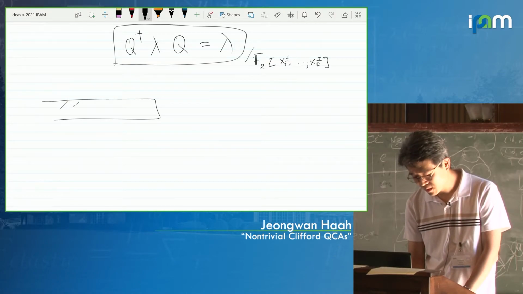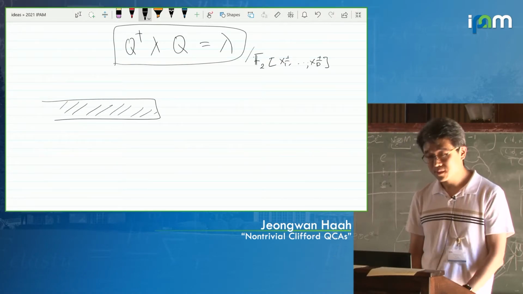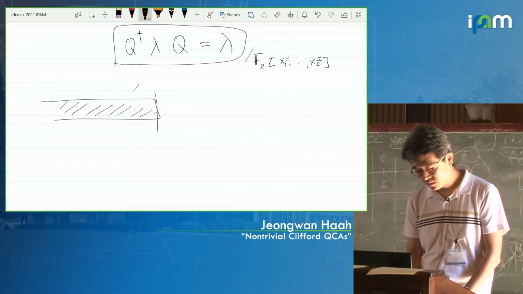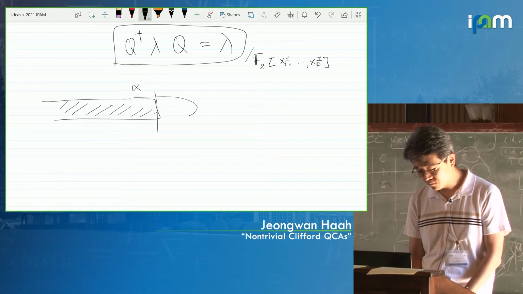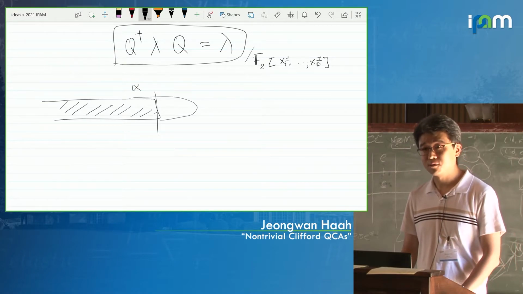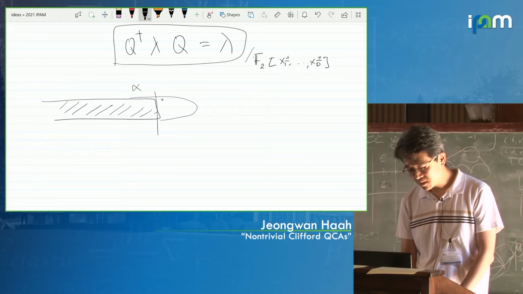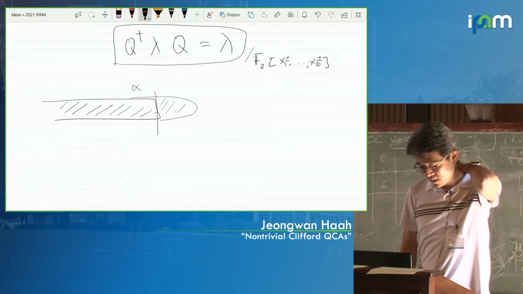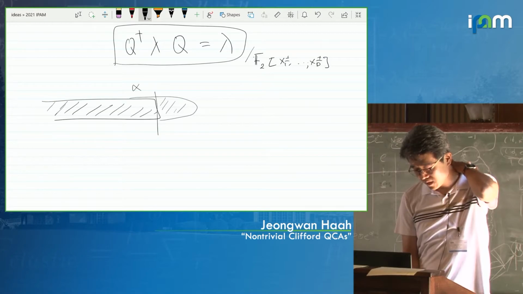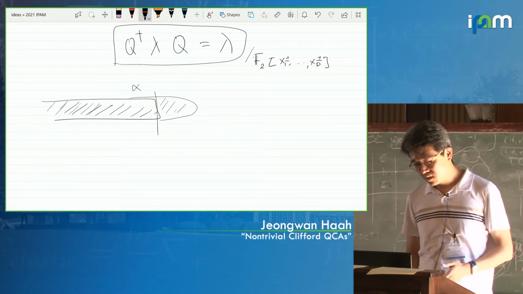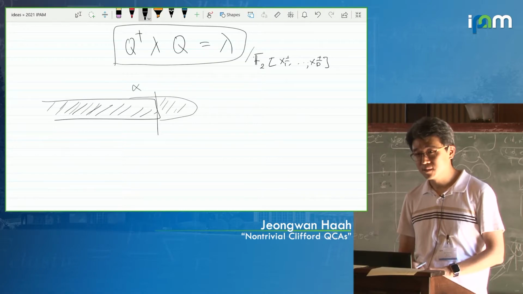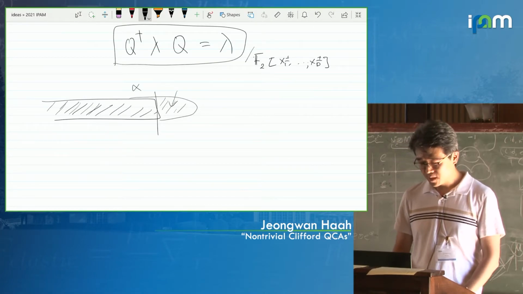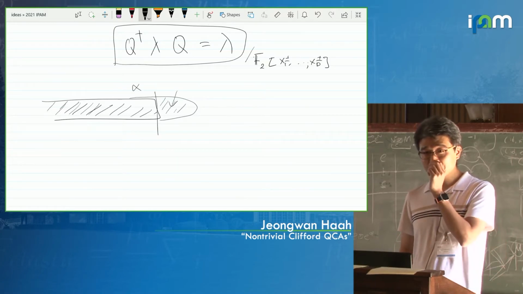You consider the operator algebra on some half of your space, map this full algebra by your QCA, and then there's something that is leaking out, and anything here is still there because the QCA is invertible. So that one that is smeared out, you call it boundary algebra.